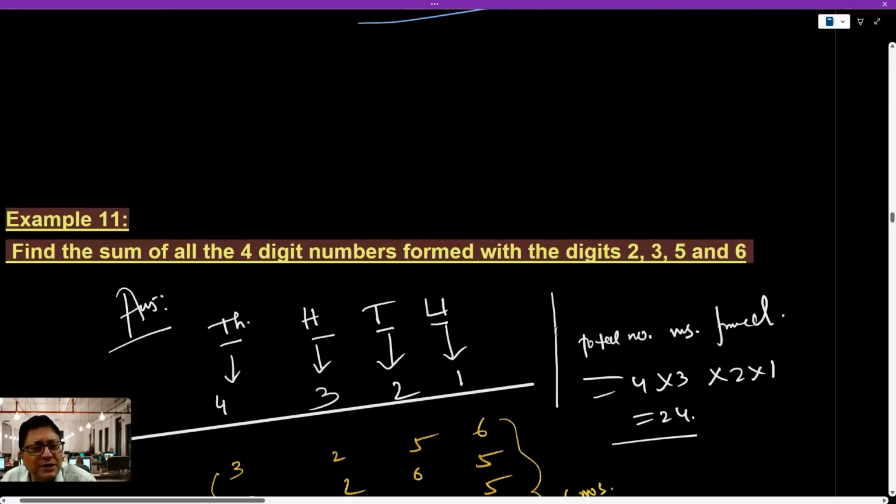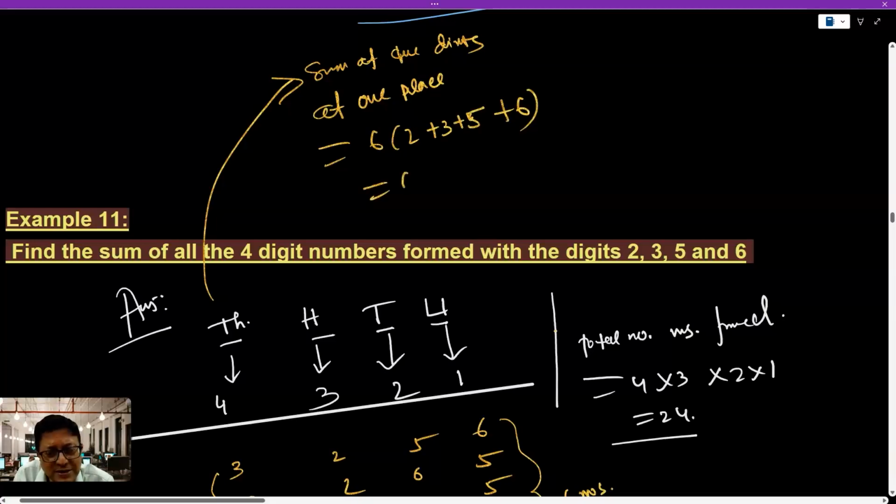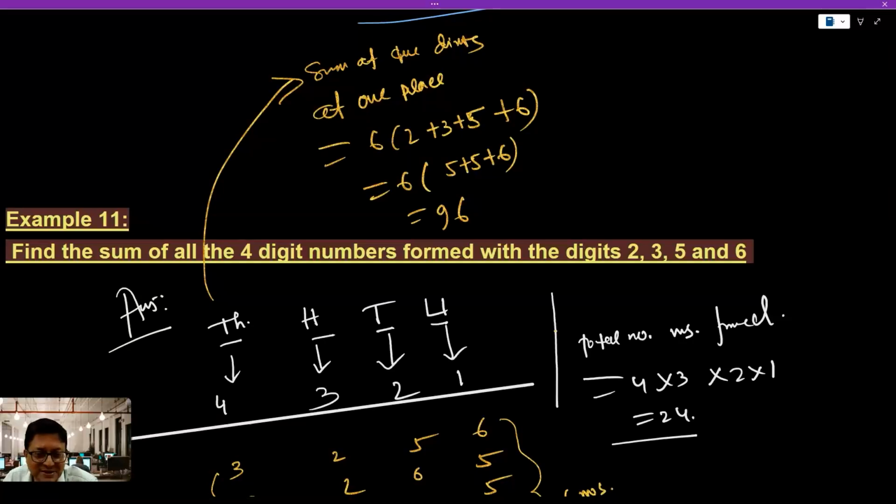Now, what is the sum of the digits at the 1000 place? 6 into 2 plus 3 plus 5 plus 6. Am I correct? 6 into 16, 96.